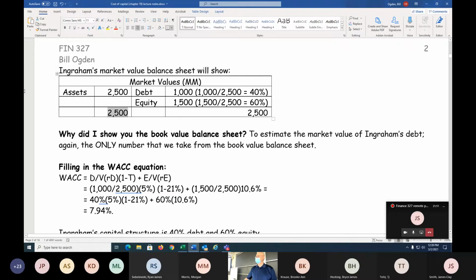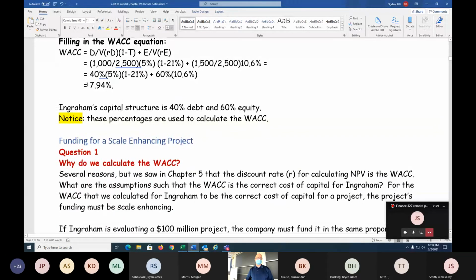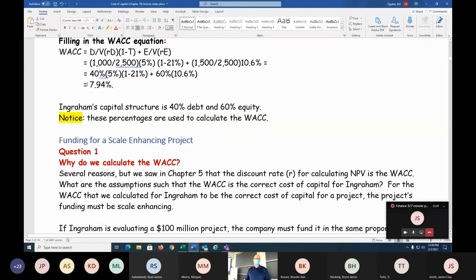Is that okay? See, these securities are traded, aren't they? So we have good numbers for these, but the assets are not traded. All right. So let's go to the equation now and come up with a cost of capital for the Ingram Company.